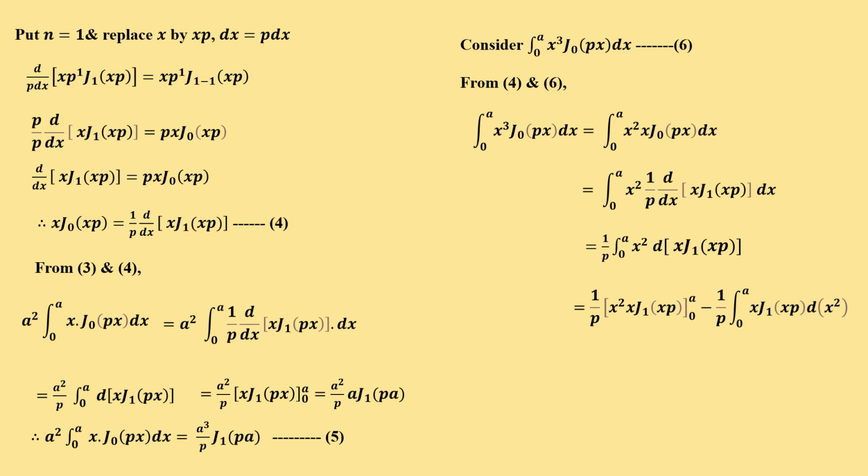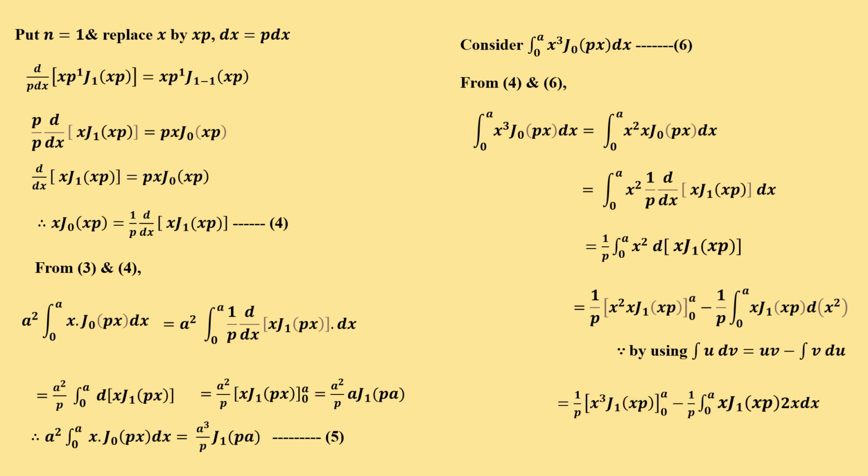Two functions. So we are using the u dv formula, integral u dv is equal to uv minus integral v du. Here u is equal to x square, and v is x into j1 of xp, right? So 1 by p is common, so 1 by p into uv. U is x square, v is x j1 of xp, so uv, 0 to a, lower limit and upper limit, minus integral v du, minus 1 by p is common, integral 0 to a, v is nothing but x j1 of xp, and du, derivative of x square, right?